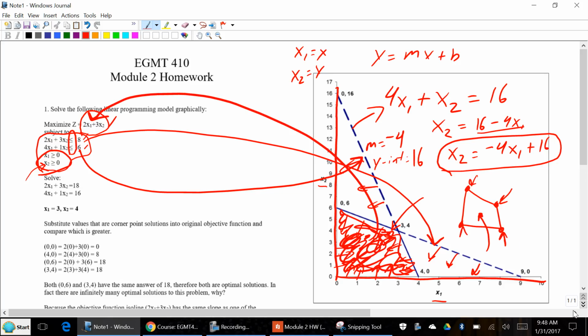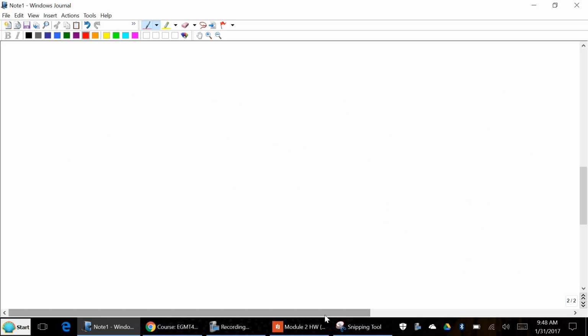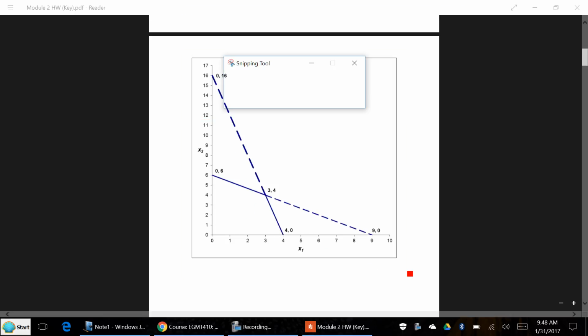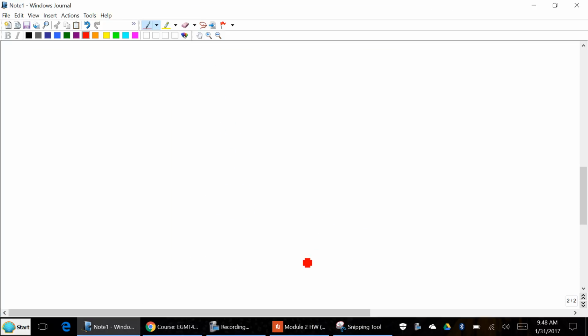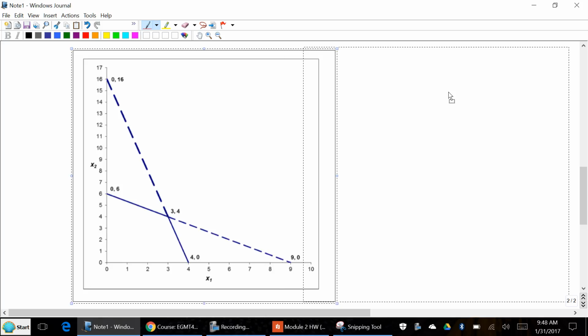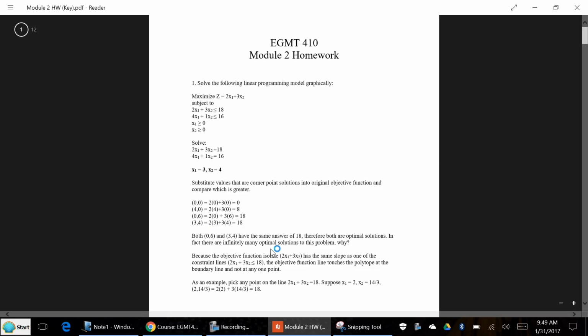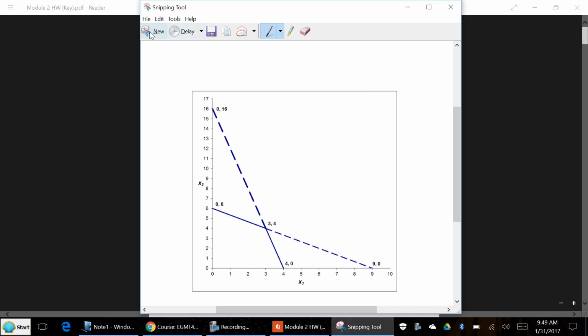So let me make another page and grab this guy right here. Put it in. And let me go ahead and get these equations. Let me just grab everything again.